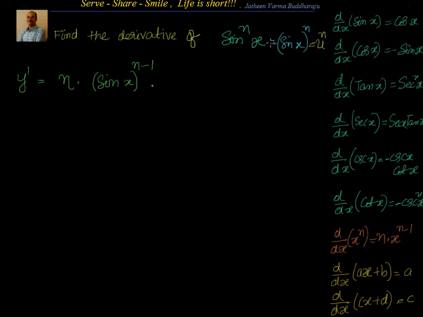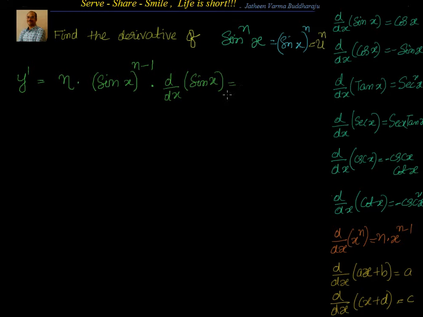multiplied with, now I see that sin x itself needs to be differentiated again, because I have to find the derivative of that. So I have to start from outer to inner according to the chain rule. So the derivative of sin x I have to write, that is d by dx of sin x.